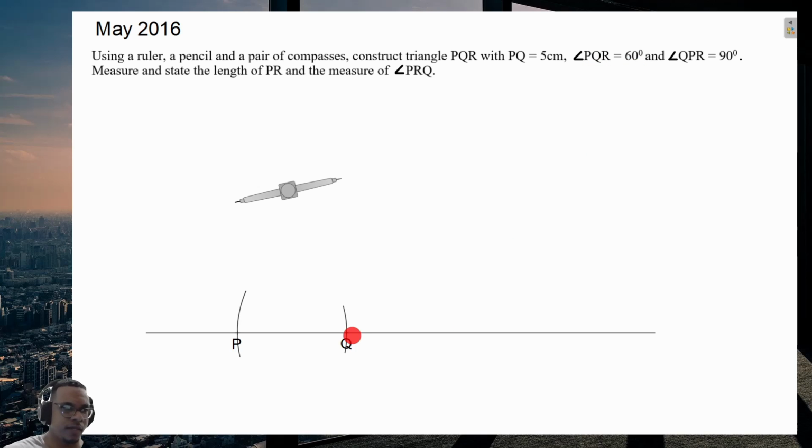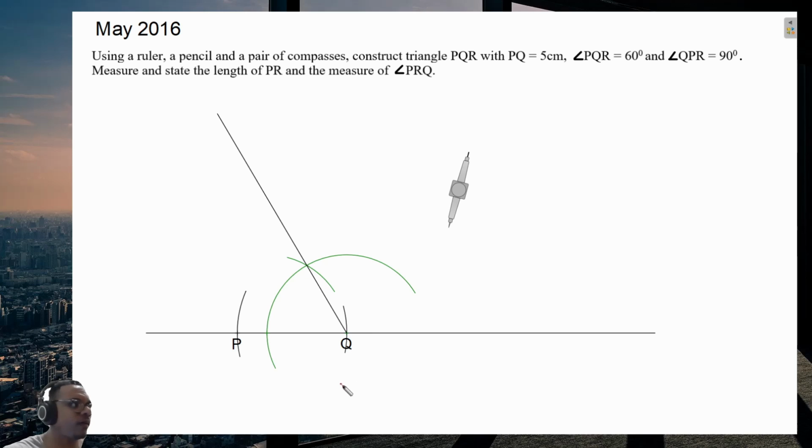So we'll come here at Q and construct 60 degrees. So I place my compass point at Q because I want the vertex of the 60 degree angle to be at Q. And I make an arc to cut the line. And that will be my 60 degree angle at the endpoint Q.